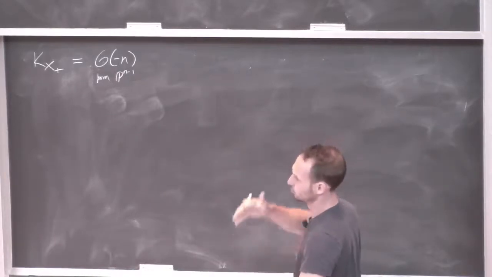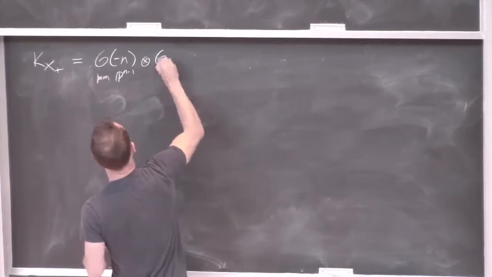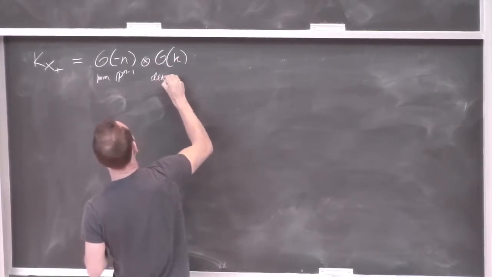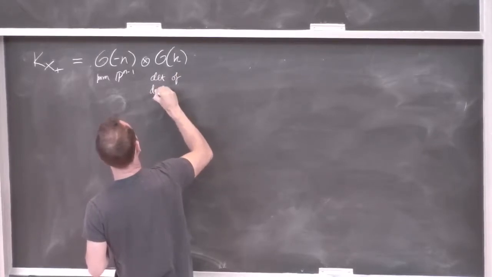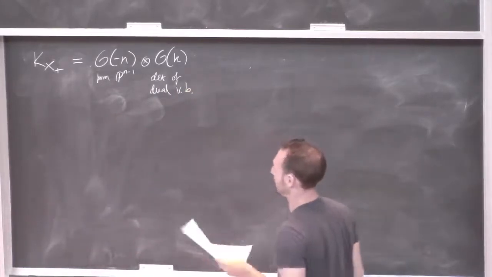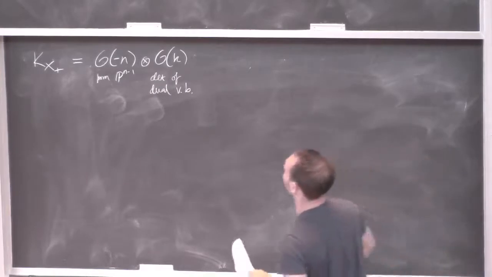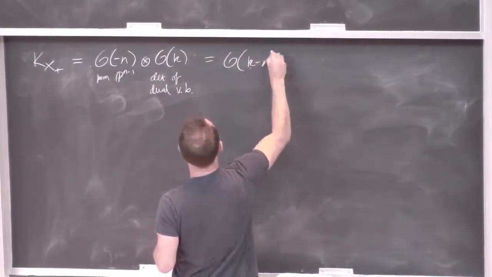And then you get another contribution from the fiber directions. They contribute the determinant of the dual vector bundle. Right, this is just a fact about the canonical bundle of the total space of a vector bundle. This is what it looks like. Right? So the answer is O(k-n).